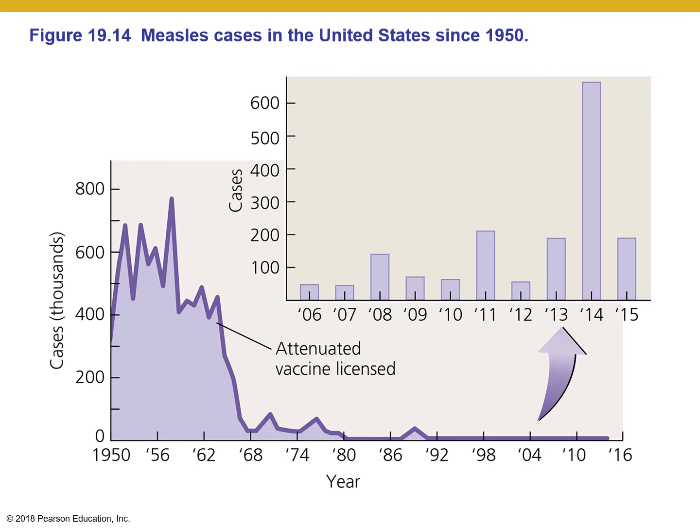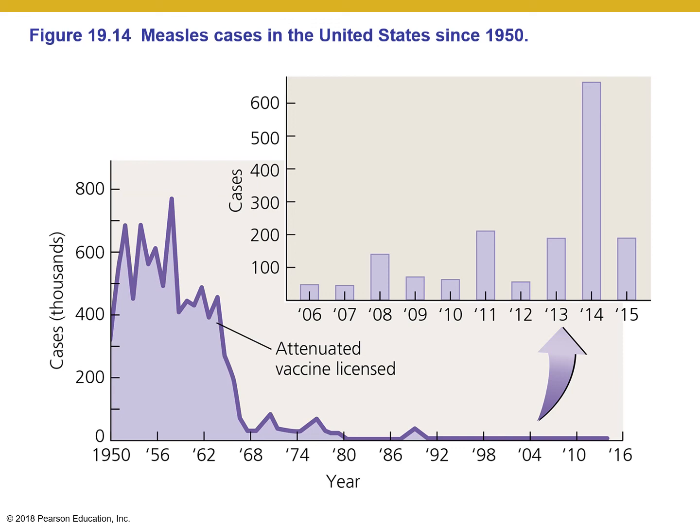So, red measles. Notice that somewhere around 1966, a vaccine was introduced to the population. Notice that in the late 50s, almost 800 cases per thousand, or 800,000 cases.